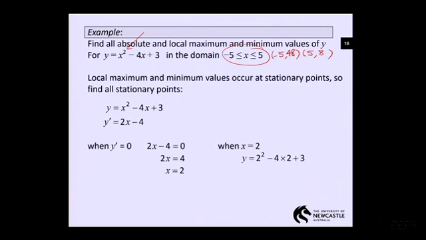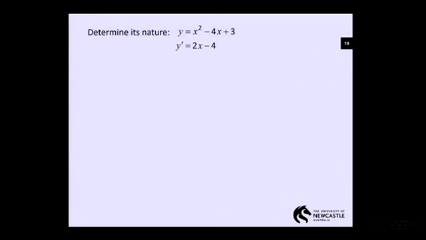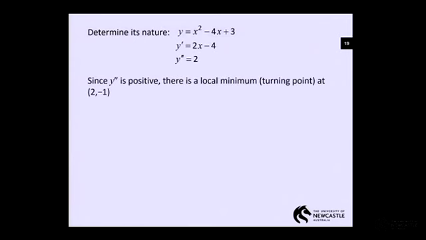It's at x equals minus 1, and then they tested its nature, and it's a local min, which did not surprise me, because I know what this curve looks like in my mind. It's a positive parabola, so it should be concave up with a minimum. But this is making sure that it all agrees with you.